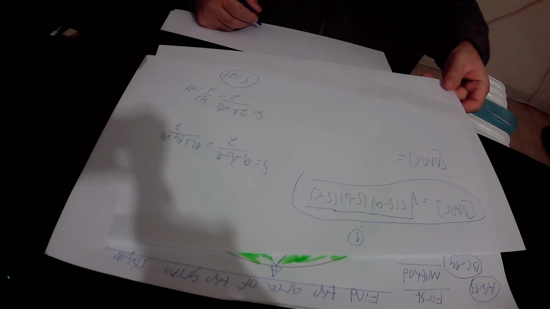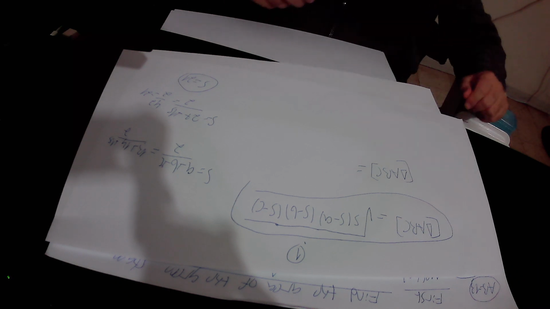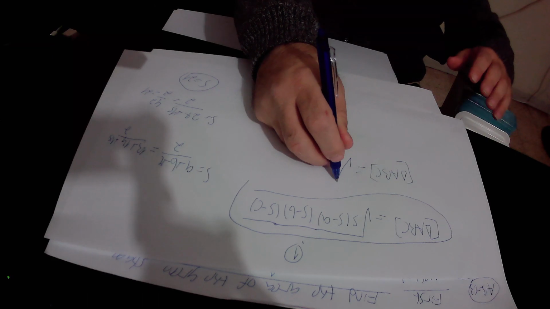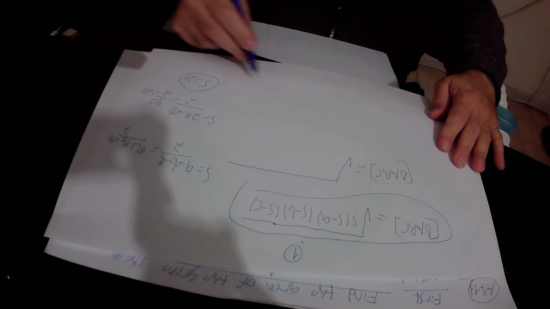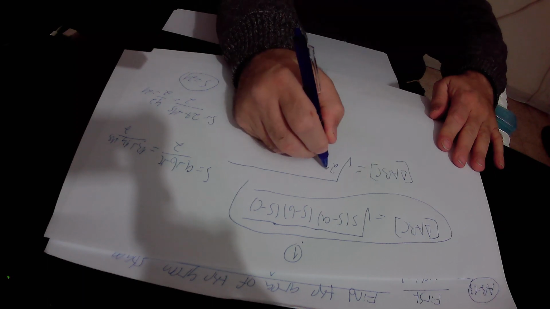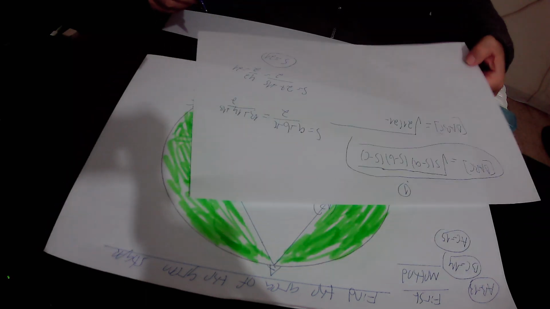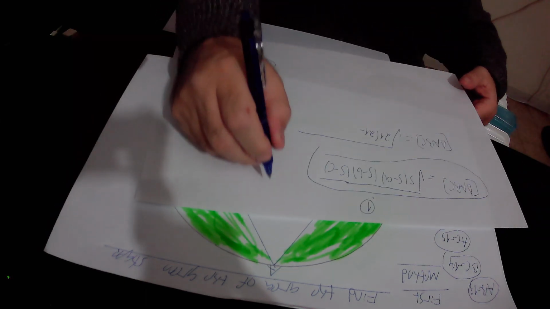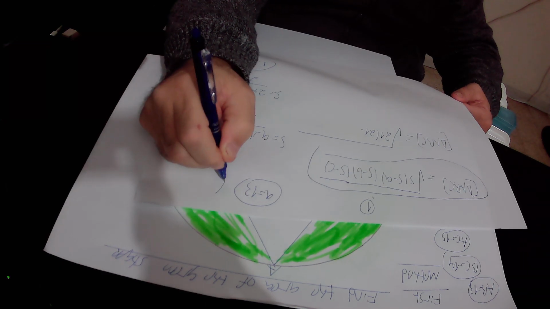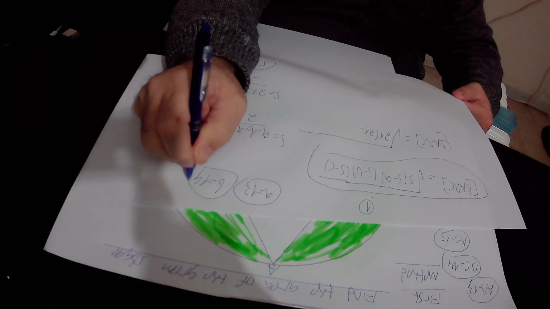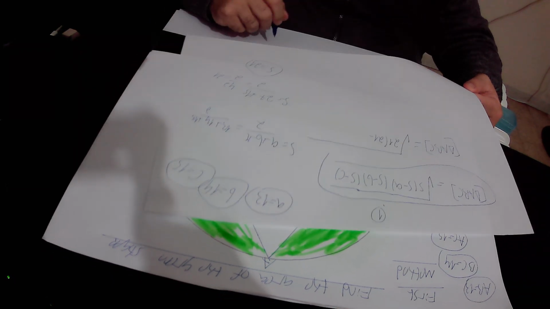So I copy again. The area of triangle ABC equals the square root of S, where S equals 21 units, times S is 21 minus A. I'll write down here that A equals 13, B equals 14, and C equals 15.